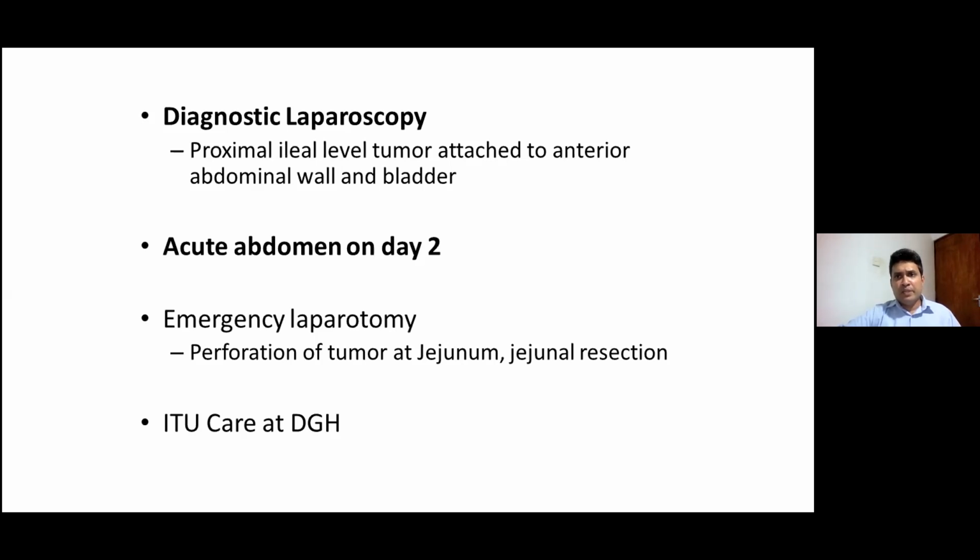Then, 2 days following laparoscopy, this patient developed acute abdomen, and we had to go ahead with emergency laparotomy. During laparotomy, our surgeon noted that the tumor was actually arising from the jejunum, and jejunal perforation was noted. Then jejunal resection was done, and she was given ITU care at District General Hospital following the surgery.